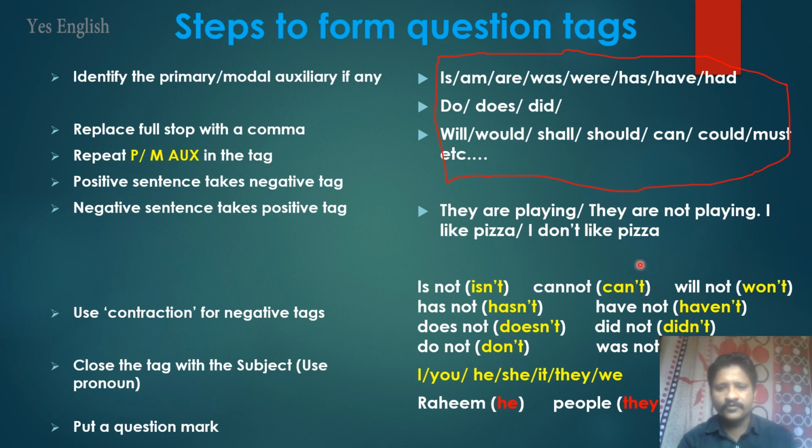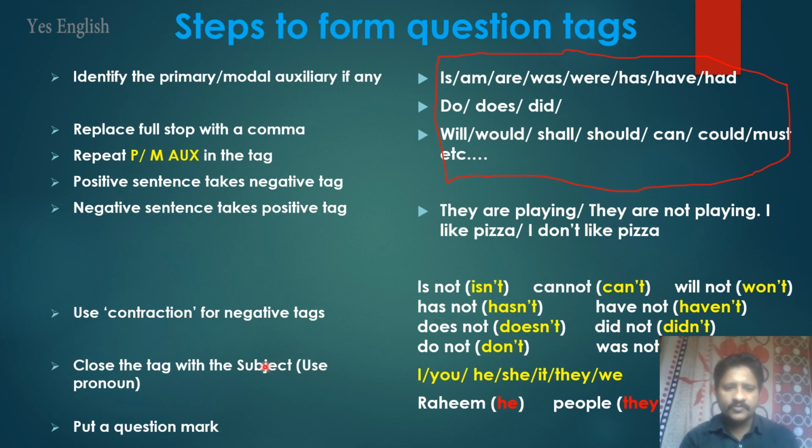So if you find a positive sentence and when you add a question tag for that positive sentence, remember to use these contractions for the negative tags. Okay, we will discuss this in detail in the example sessions.